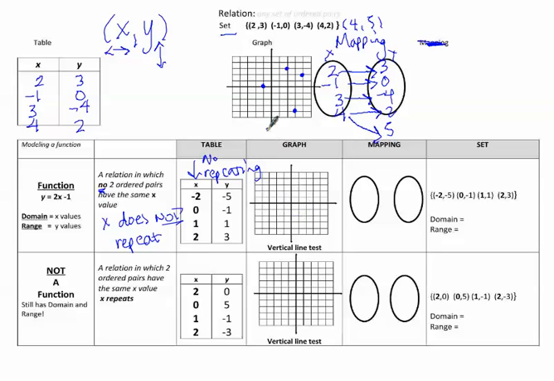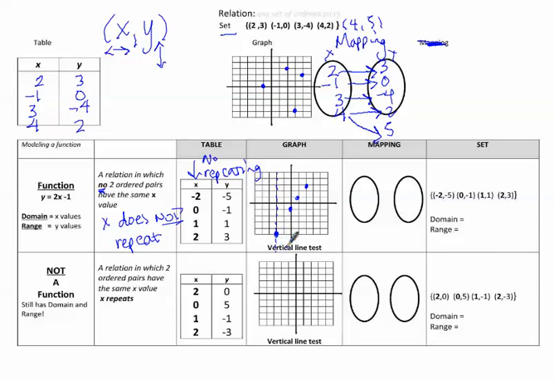To give you a visual example, if you graph it: (-2, -5), (0, -1), (1, 1), (2, 3). You can use the vertical line test, which means you want to take your pencil and have it vertical going across the page.